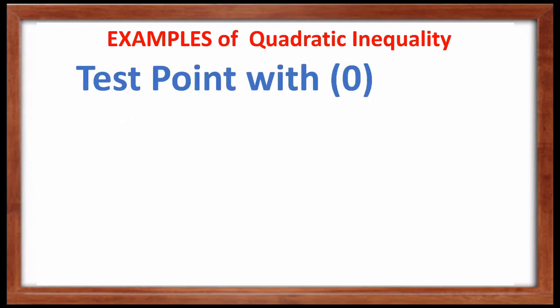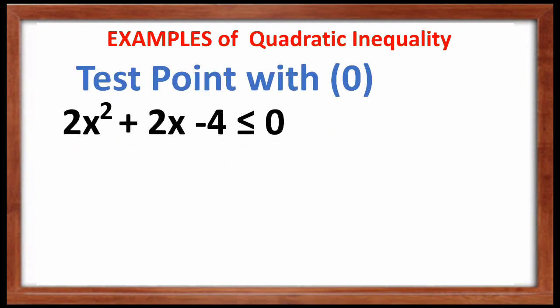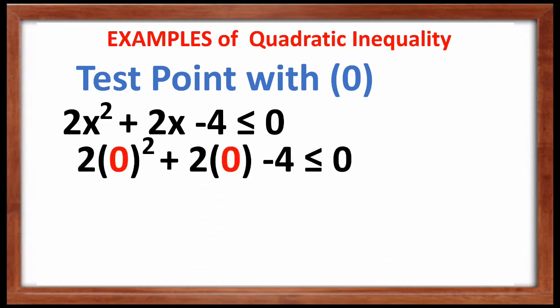Test point with 0. Given 2x squared plus 2x minus 4 less than or equal to 0. Again, isasubstitute natin ang 0 sa variable x. Yung x, papalitan natin ng 0. What will happen? 2 times the quantity of 0 squared plus 2 times 0 minus 4 less than or equal to 0.